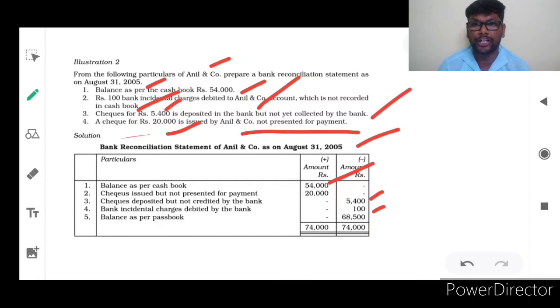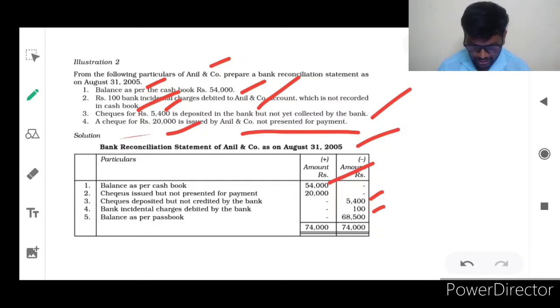So Anil and Co. genuinely wrote a check of rupees 20,000 to its creditor, but the creditor missed the check, or failed to submit the check to the banker, or whatever happened. But that amount is not debited in your bank account by the banker.